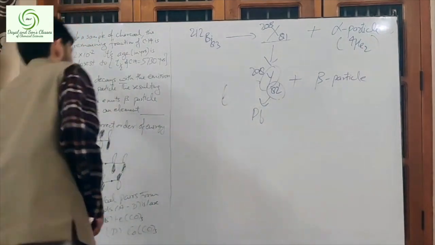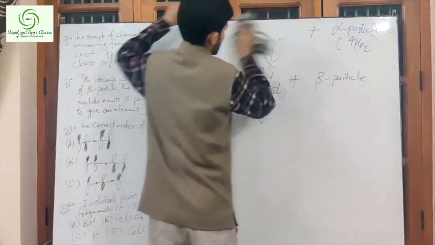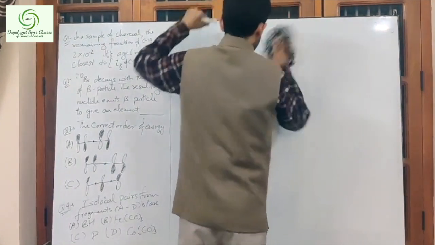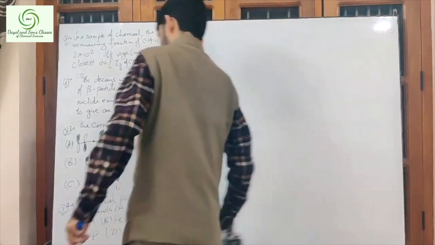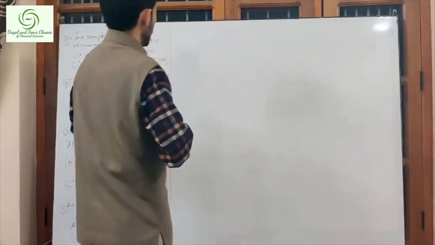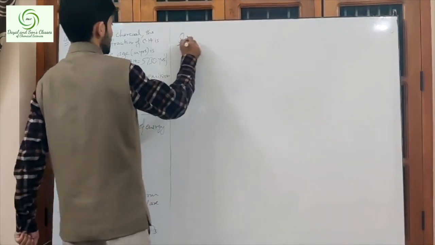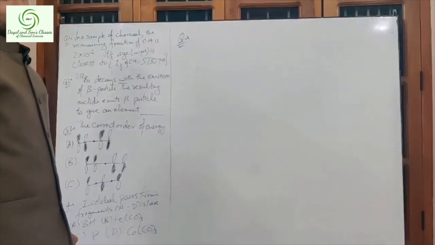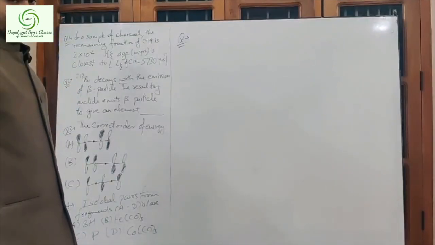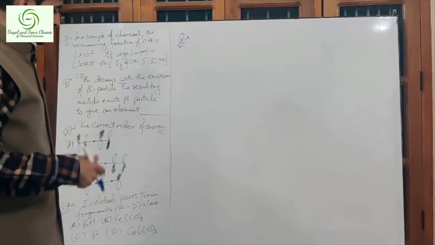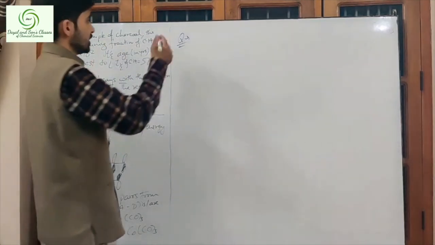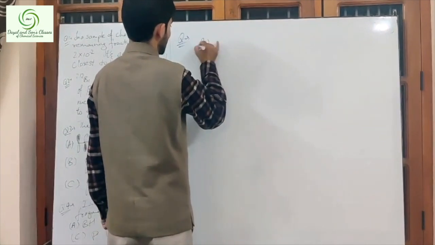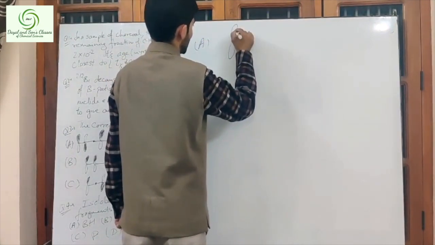Next question was from pericyclic reactions. In this, we are given three orbitals in 3 energy levels, and we need to find out the energy order for them. The first one, A, was given to us something like this.